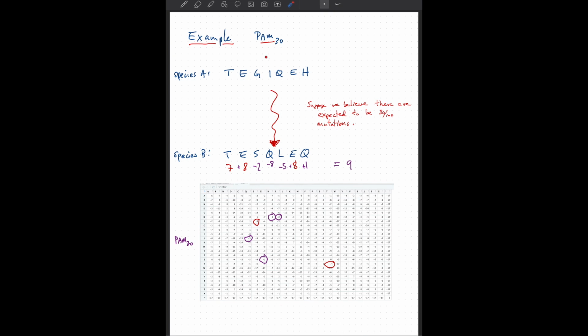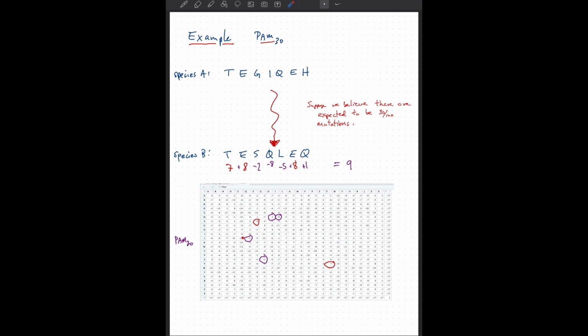Now, the code for looking at these matrices is in RStudio. I've shown you a simple alignment, T versus TE. There's a mutation here, a mutation there, and a mutation there, and a mutation here. And this is for PAM30.